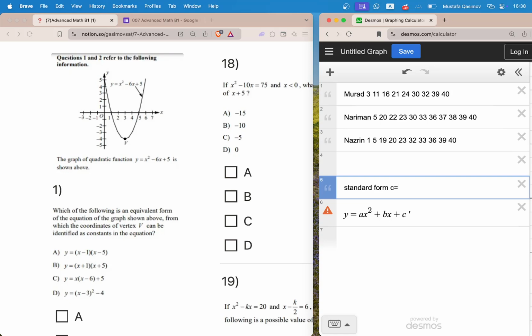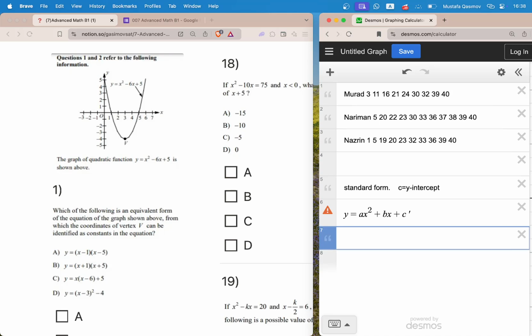It is a value of y-intercept. So we can say that this form shows value of y-intercept as a constant. So if it says y-coordinate, the answer will be c, because 5 is y-intercept.